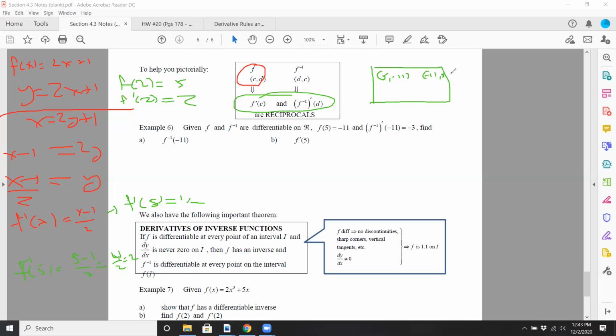So what this means is that f prime of 5 will equal the reciprocal of the inverse derivative at negative 11. So first of all, this is just going to be 5 because you just swap these as we did over here. Then f prime of 5 is going to equal 1 over the inverse derivative at negative 11, which will be negative 1/3.